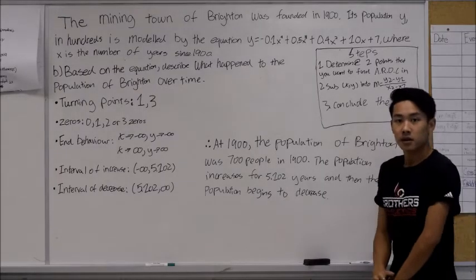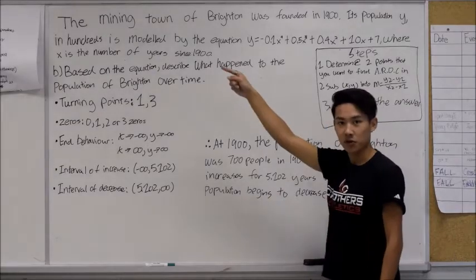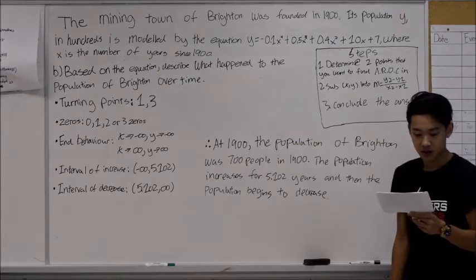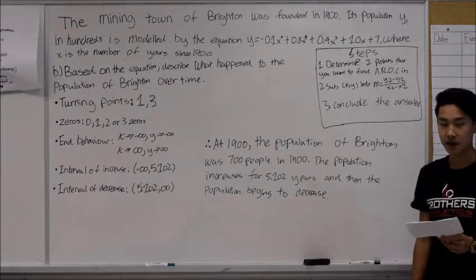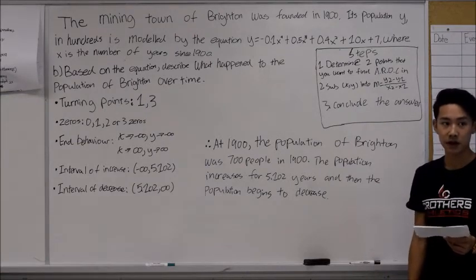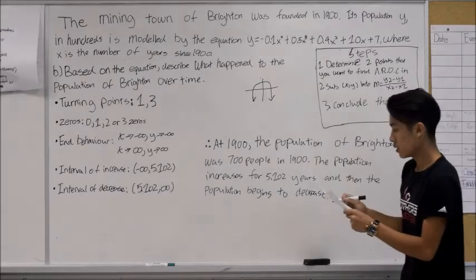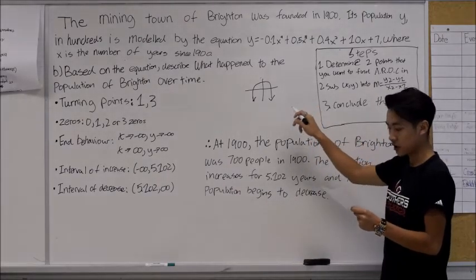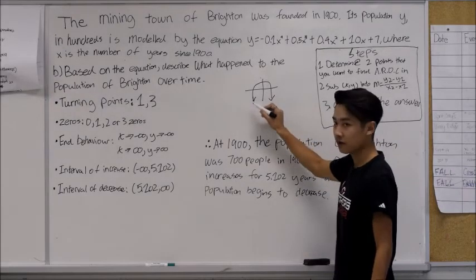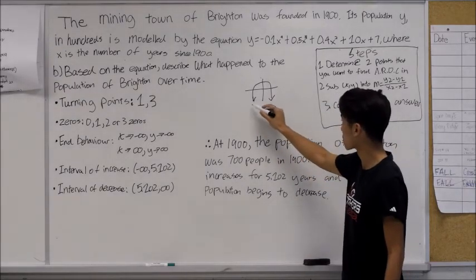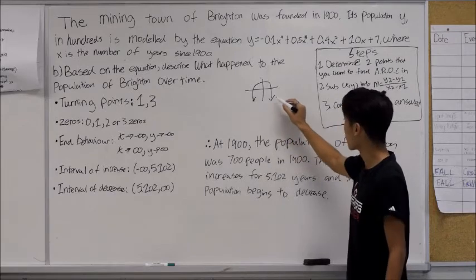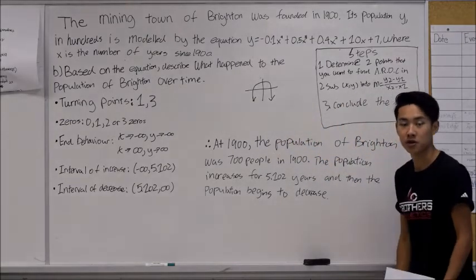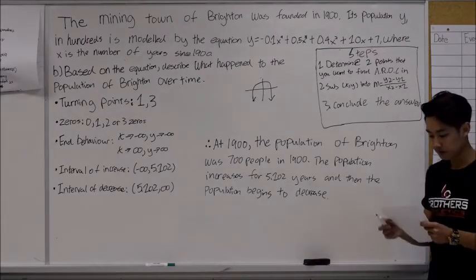Let's compare it with the graph on Desmos. It has 1 turning point and 2 zeros. The reason that an even degree function has an odd number of turning points is because of its end behavior. The end behavior of a negative even degree function is that as x approaches negative infinity, y also approaches negative infinity, and when x approaches positive infinity, y also approaches negative infinity.